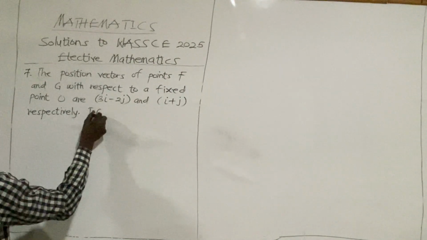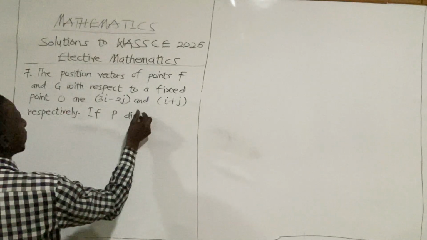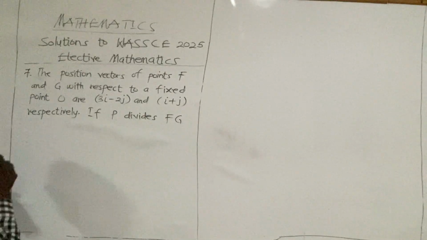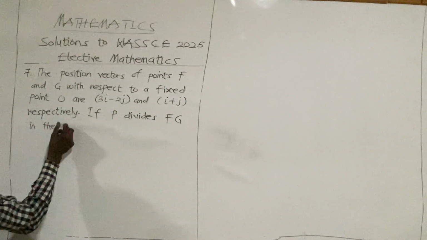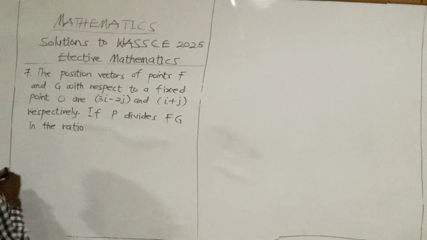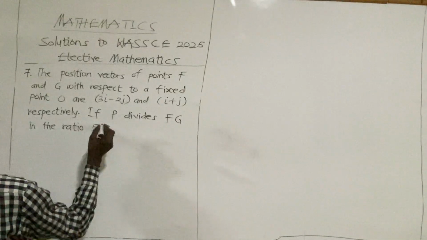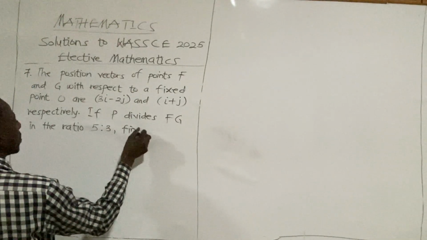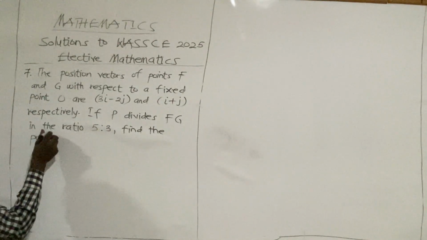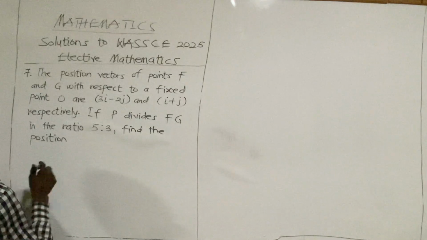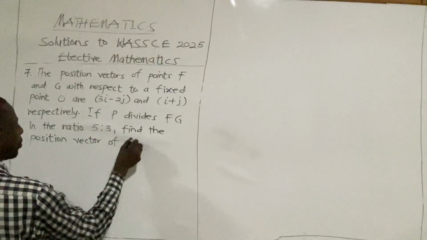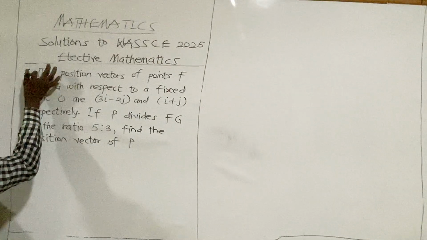If P divides FG in the ratio 5:3, find the position vector of P. And this was question 1A.